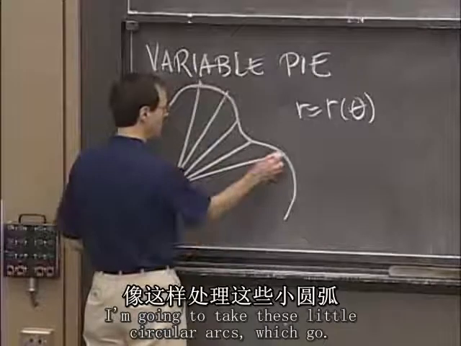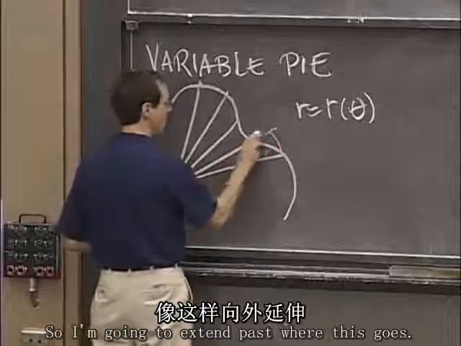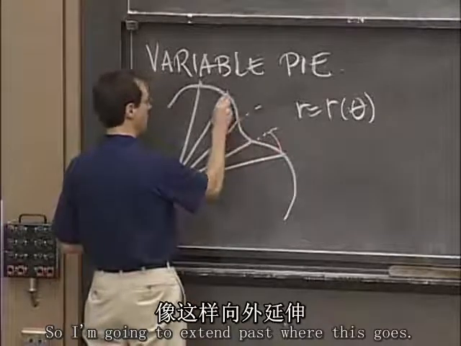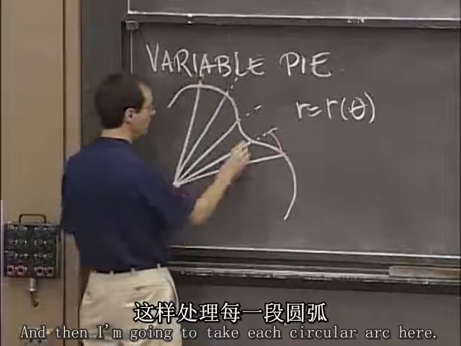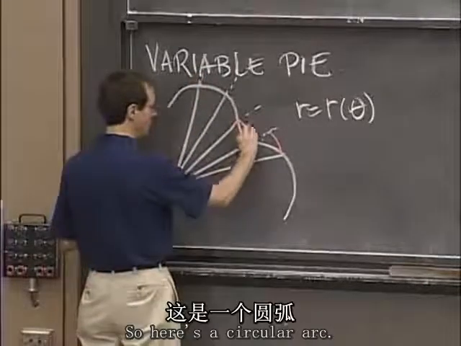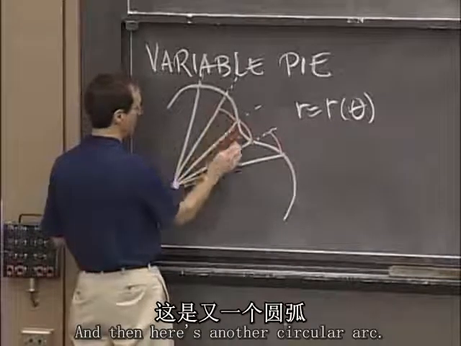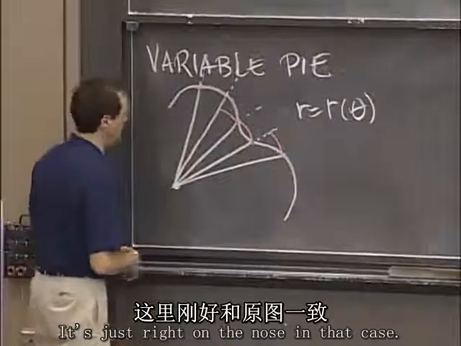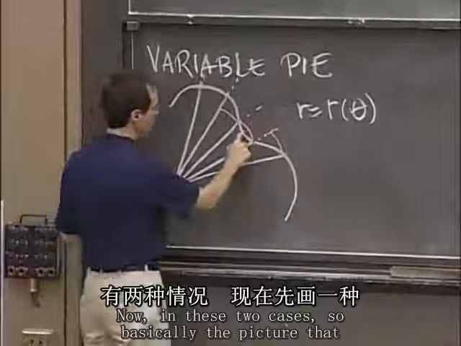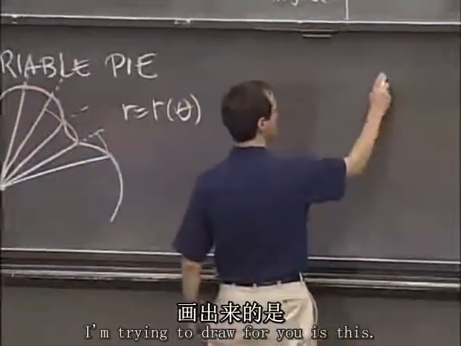Namely, I'm going to take these little circular arcs. So I'm going to extend past where this goes, and then I'm going to take each circular arc here. So here's a circular arc, and then here's another circular arc, and here's another circular arc. It's just right on the nose in that case. Now, basically the picture that I'm trying to draw for you is this.